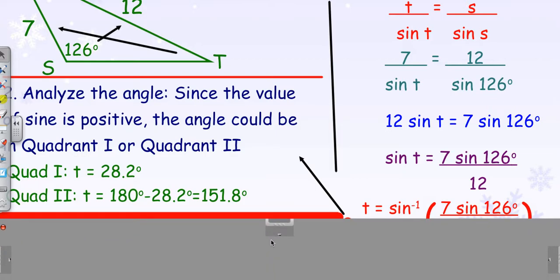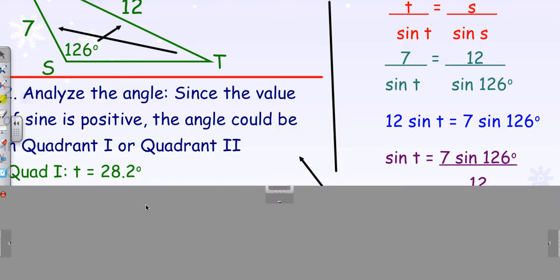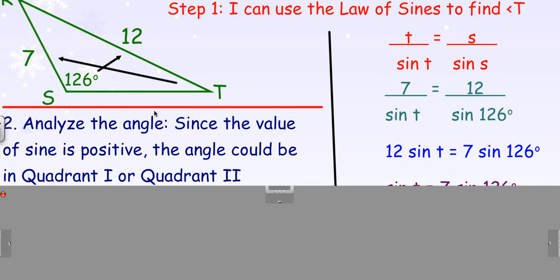Now, here's the most important part of the problem. This is the analysis. I want you to analyze the angle. Since the value of sine is positive, the angle could be in quadrant 1 or quadrant 2, because in quadrant 1 and quadrant 2 is where sine is positive.